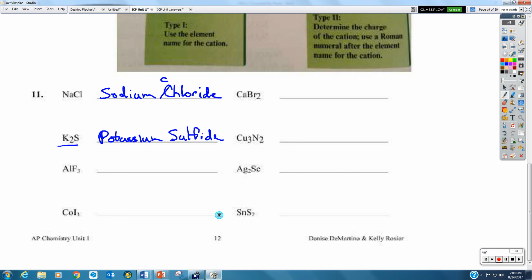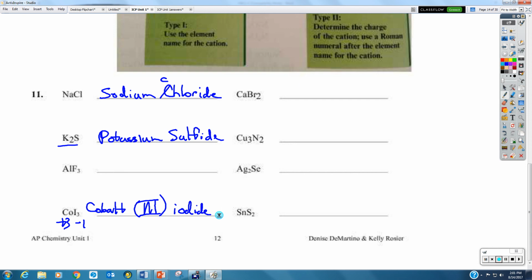So if it takes 3 iodines to go with cobalt, what's cobalt's charge this time? +3. So cobalt's a +3, iodine's a -1, so that means it is going to be cobalt 3 iodide. Does that make sense?